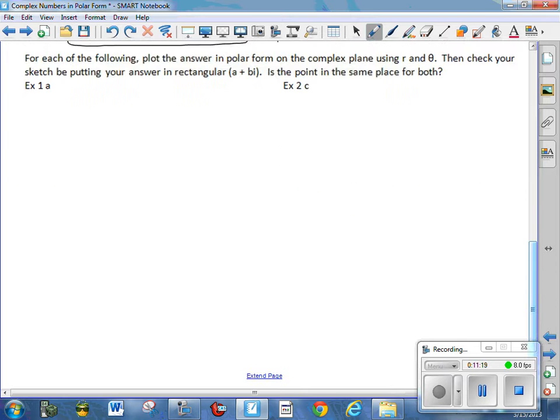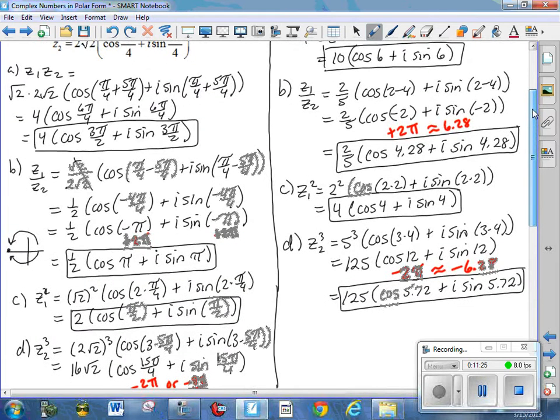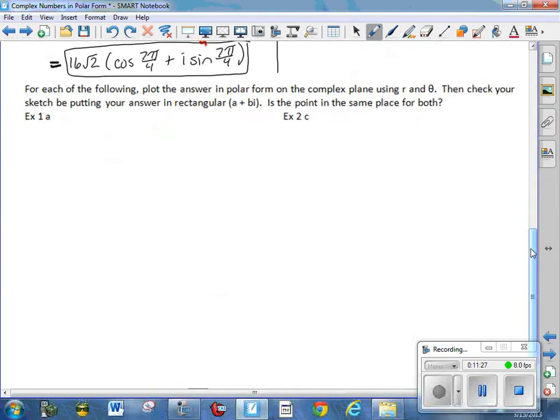and then graphing. So part A, I'm going to have to go back and look and see what part A was. It was 4 cosine 3 pi over 2 plus i sine of 3 pi over 2. So I'm going to put this in a plus bi form.